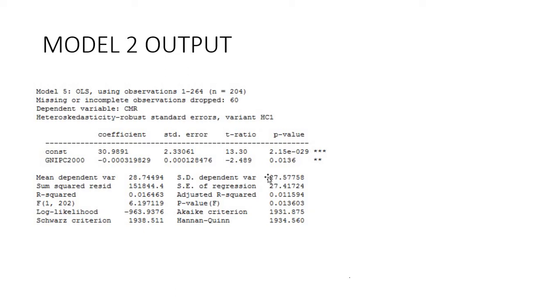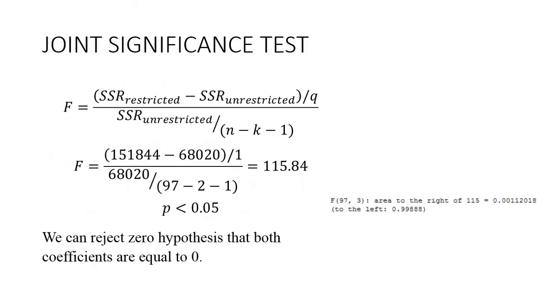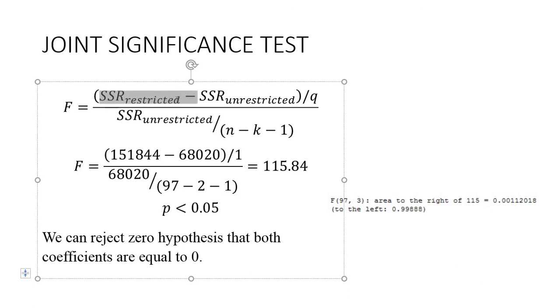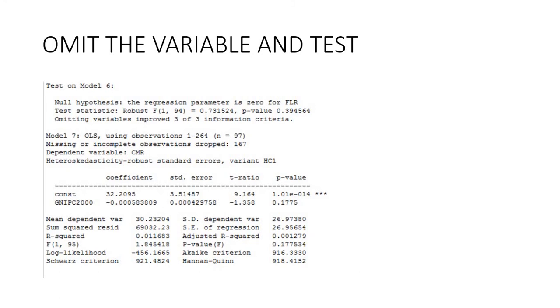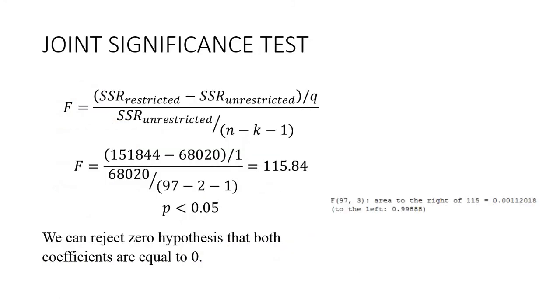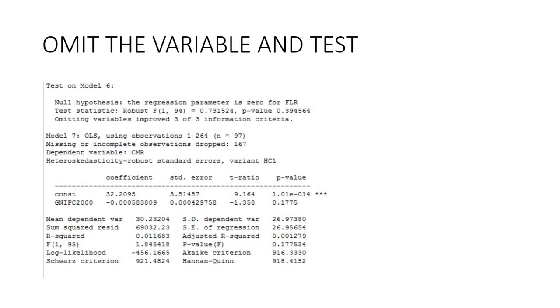So the coefficient of the variable is not statistically different from 0, and it makes no sense to insert this variable into the regression model. Alternatively, you can use the joint significance test, and here you can find the formula. Basically, here you have this indicator, the sum of squared residuals, which comes from the restricted model, the model estimated after I omitted one of the variables.